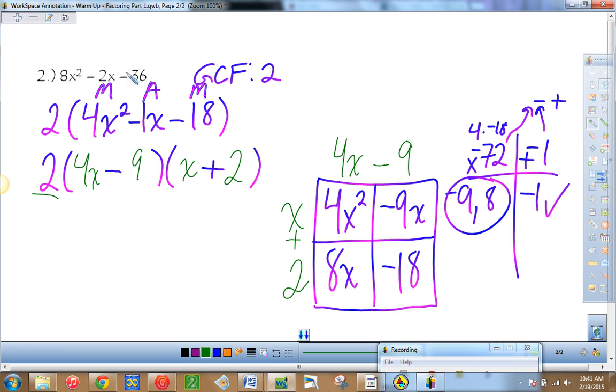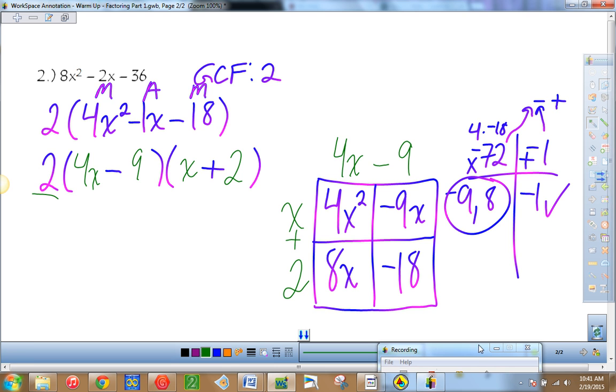You can just put the original thing up in the box, but then this would end up being 2x plus 4, and you'd have to pull out that 2. It's significantly easier to do it at the beginning, because otherwise you would be doing 8 times 36, which is disgustingly large. It's just a shortcut, really.